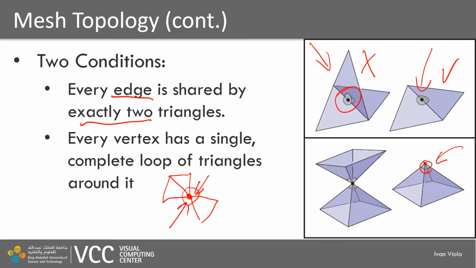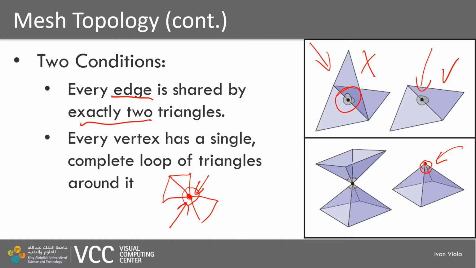And also what we can see here is that even if it's very sharp, it can be made planar as an approximation of this area. So it is still fulfilling the condition of a manifold.